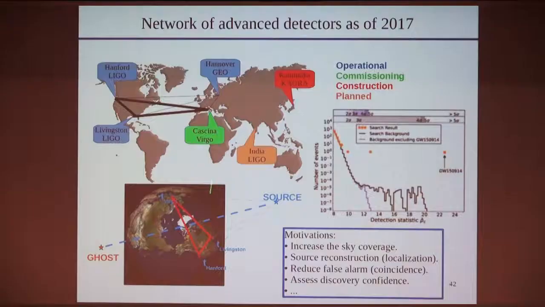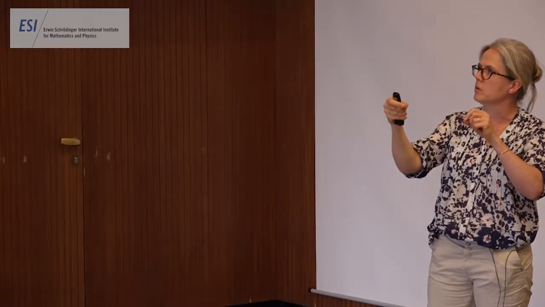Because what I didn't tell you is that when you see something in the data, you don't know where it comes from. To be able to localize the source, you need several detectors, at least 2. If you measure the time difference of the signal arrival in each detector, you can reconstruct the position in the sky. With 2 detectors, you know that the source is on a ring in the sky.